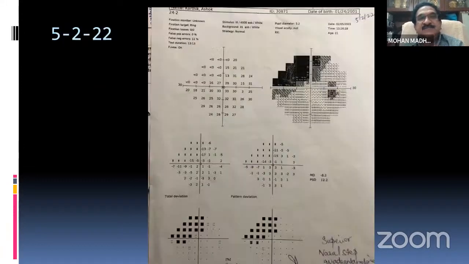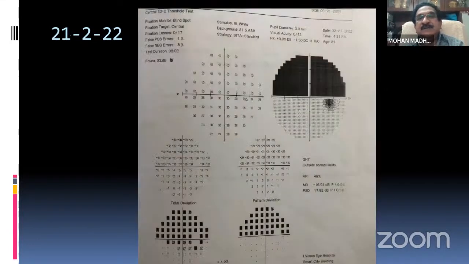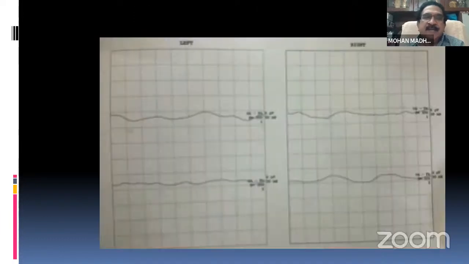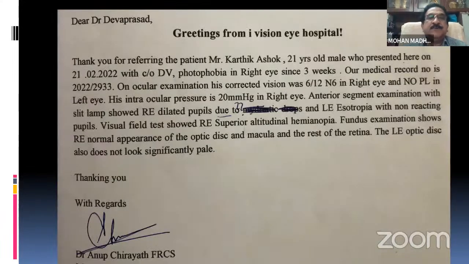Okay, let us see the investigations done. Then in February they did a field chart, right? So peripheral constriction, just like we got. Again, another field charting showing the same thing. They said absent P100 latency, but that is in March 2022. But we did it repeatedly, and this is the report.